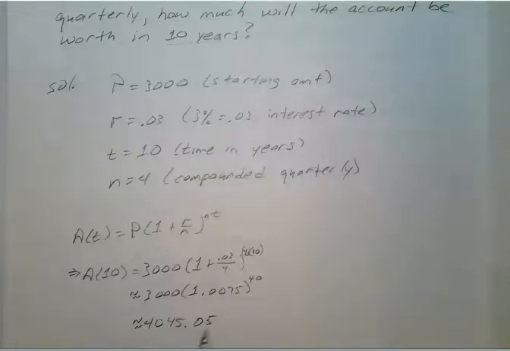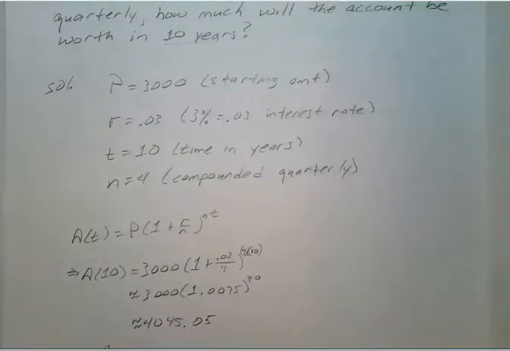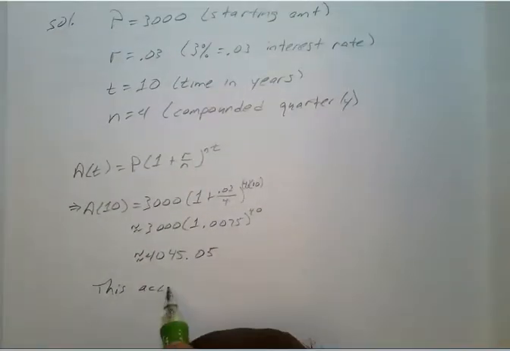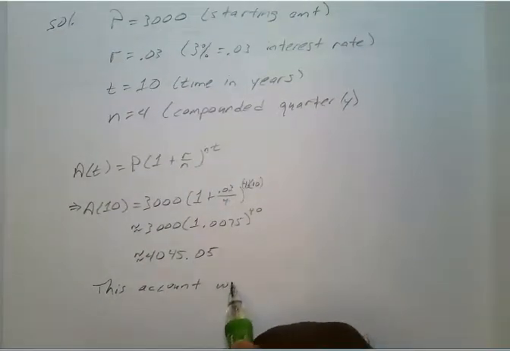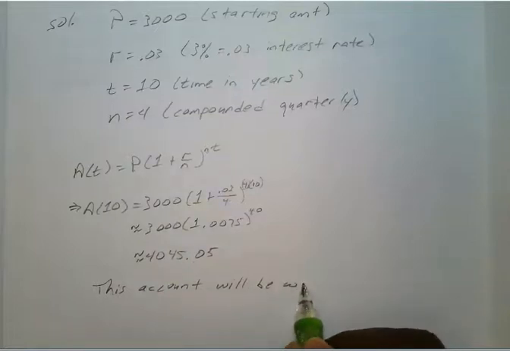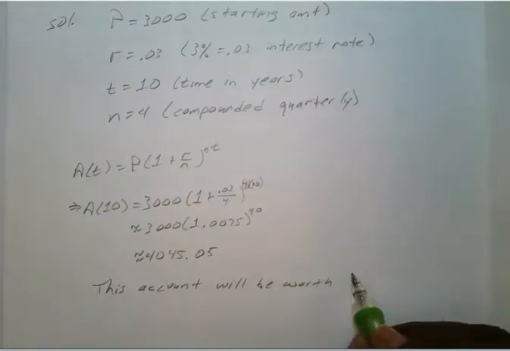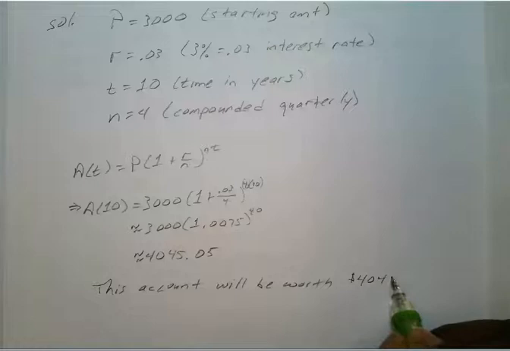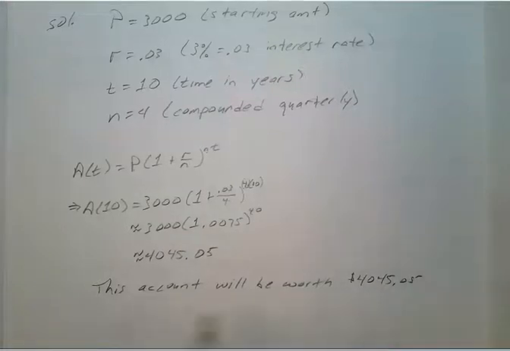So you just round it to the nearest penny. Okay, so what does this mean? That means the account will be worth $4,045.05 in 10 years.